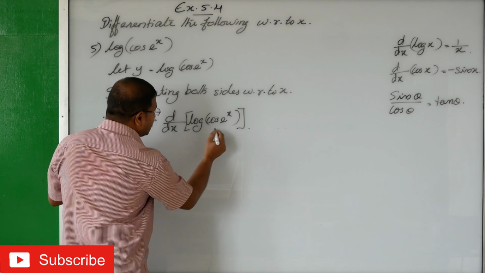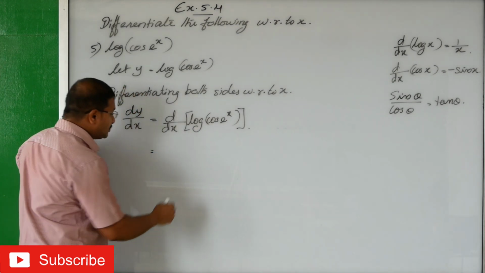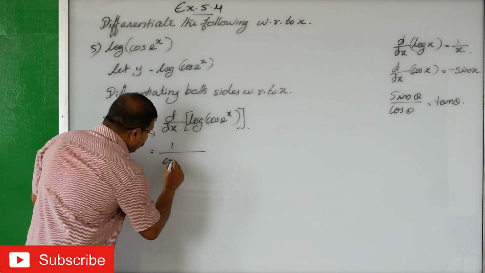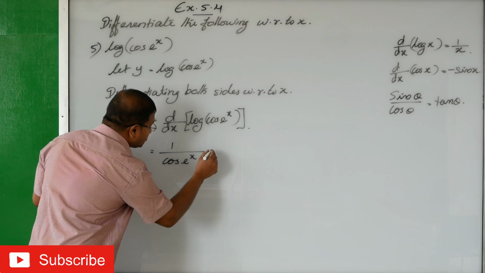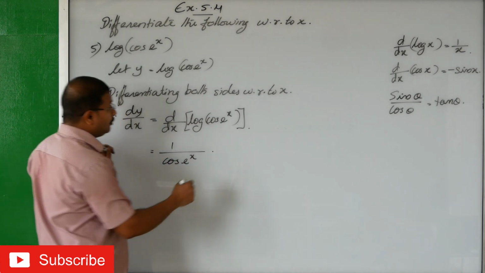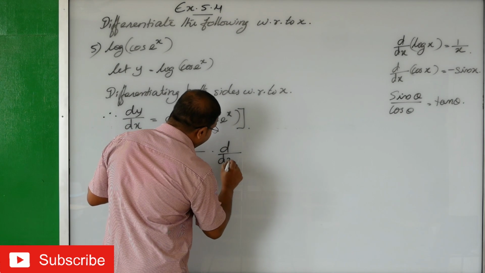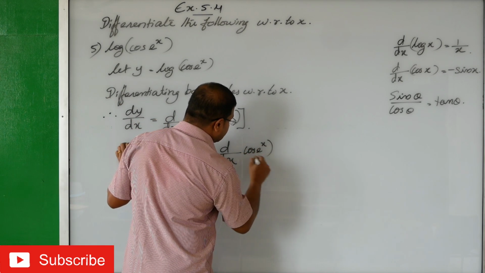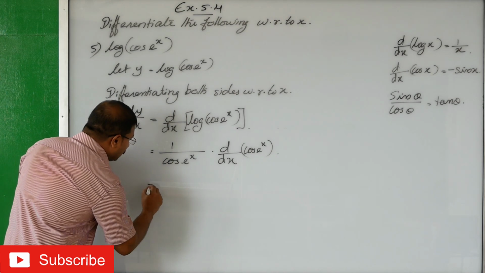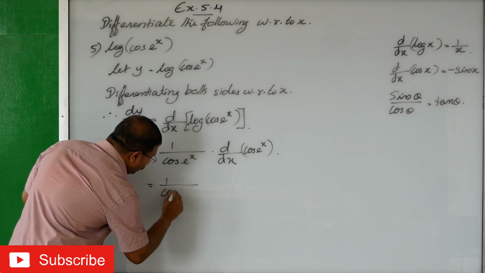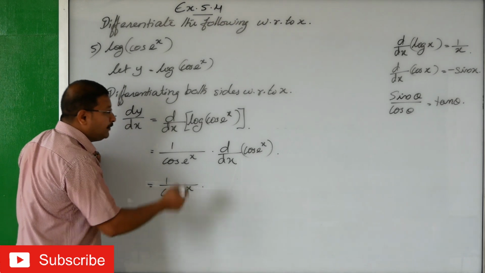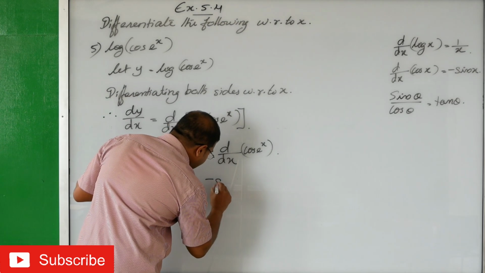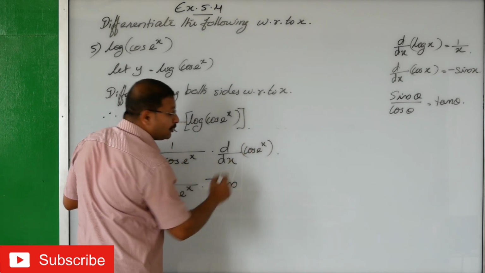That means in place of x is cos e raised to x, so we'll write 1 by cos e raised to x into, after that what will you do? Derivative of cos e raised to x equals 1 by cos e raised to x into derivative of cos x, which is minus sin x. That means minus sin x means what will you write?